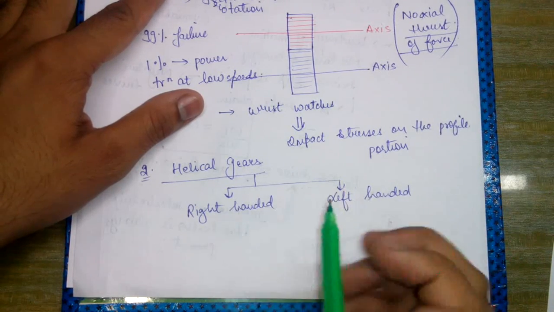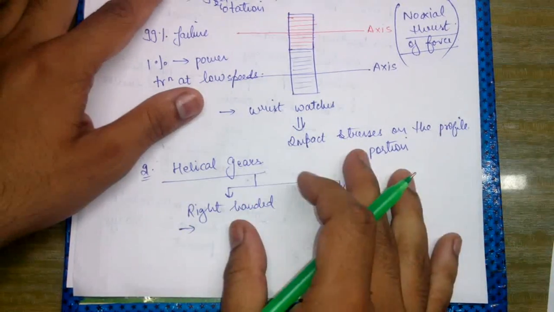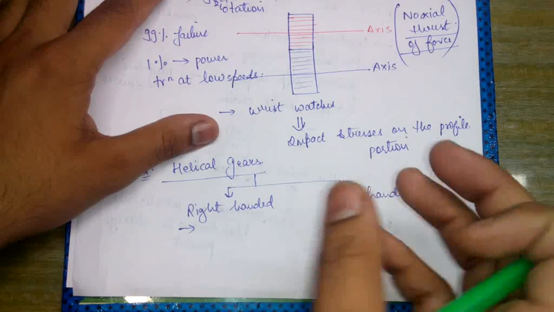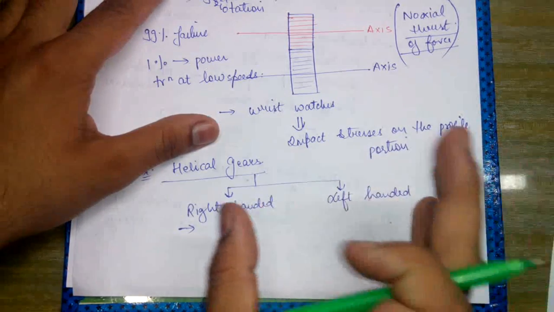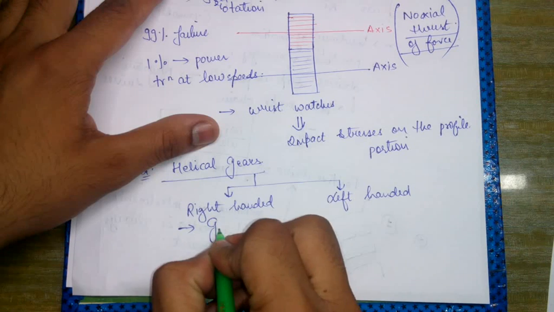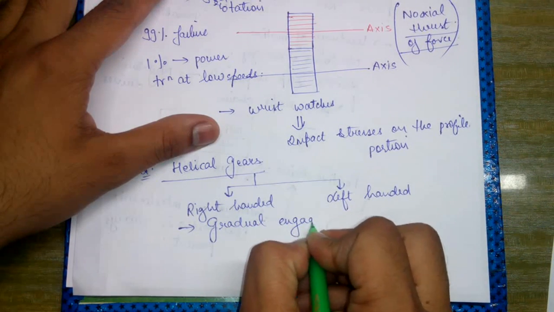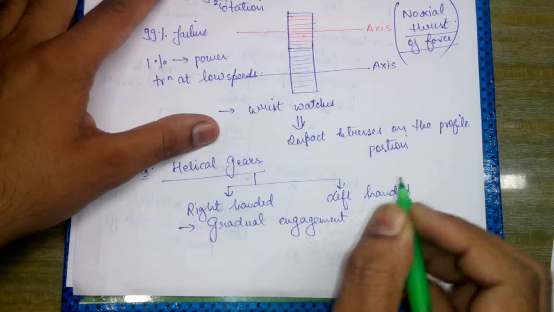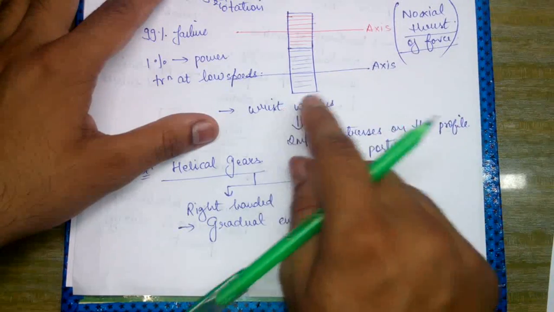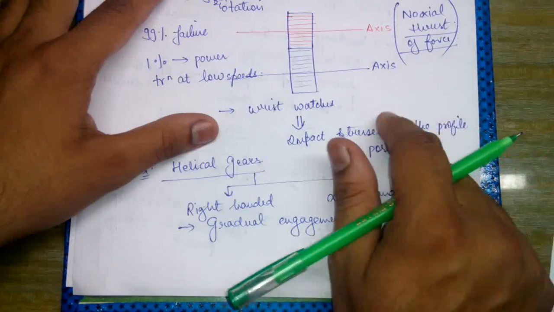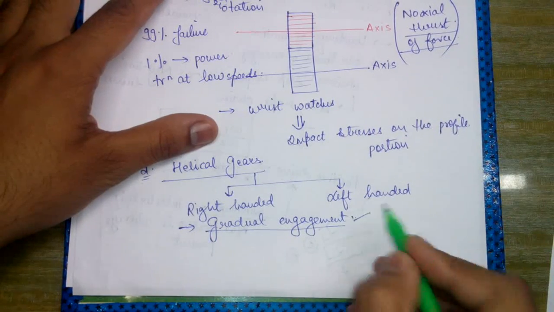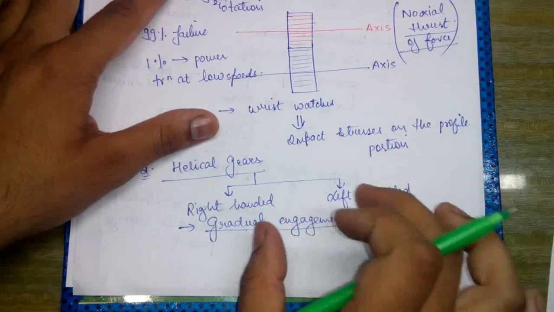The advantage here was that in such types of gears the opposite hands of the helix were made to contact, and this led to gradual engagement. Whereas in spur gears we had instantaneous engagement and disengagement, here the advantage of gradual engagement was achieved.